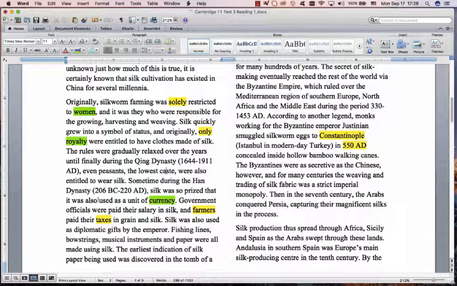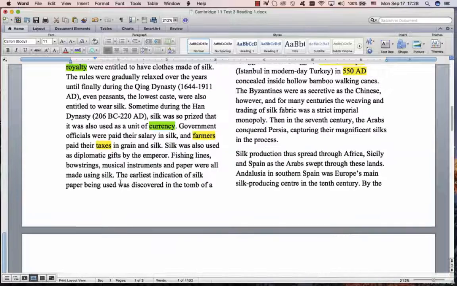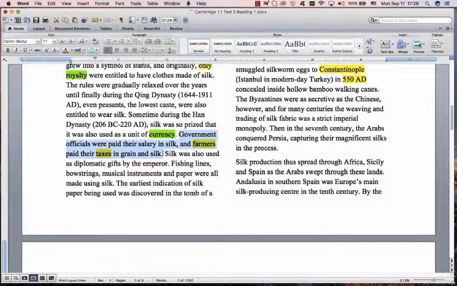For example, government were paid their salary and farmers paid their taxes. Currency means money. I think the important thing to note there was this was for example, but they didn't mention for example. You needed to recognize that this sentence was an example sentence of the previous sentence.